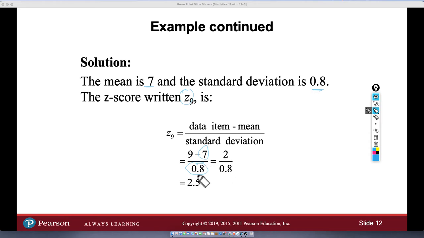So we get a z-score, and what that z-score really means is that baby was 2.5 standard deviations above the mean. So we know it's more than 7 pounds. It's 2 pounds above the mean, which is 2.5 standard deviations.